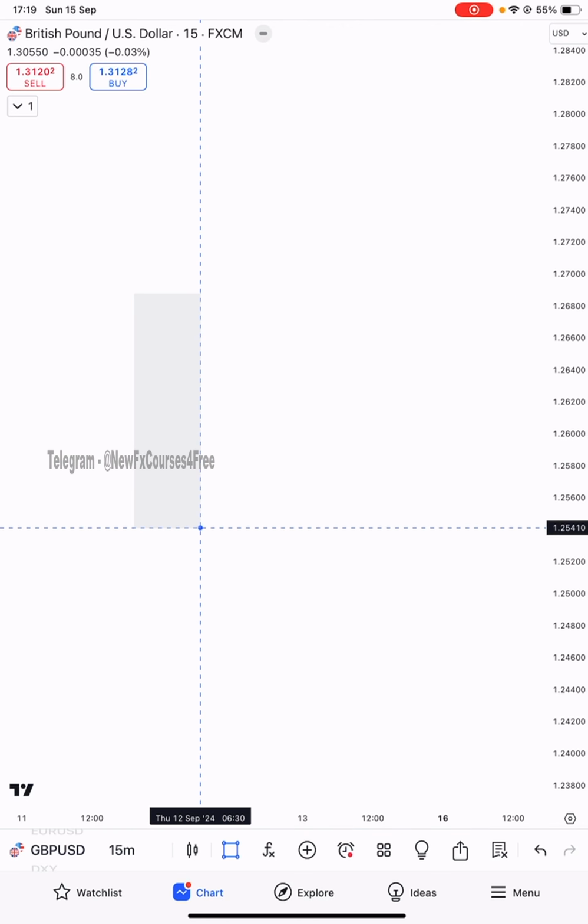Okay, so let's do it like this. You have monthly candle bullish. Let's assume you have a week.